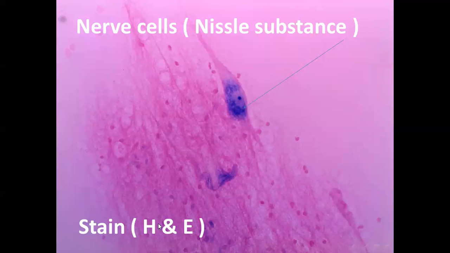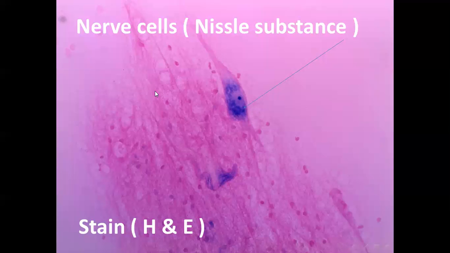Hematoxylin and eosin. This is about the organelle rough endoplasmic reticulum inside the cytoplasm of what? Of the nerve cell. All this figure is a nerve cell. It consists of what? Nucleus filled with the cytoplasm. This basophilic or blue area is the Nissl substance, rough endoplasmic reticulum.